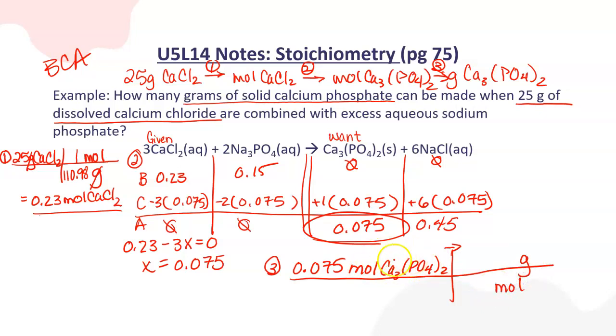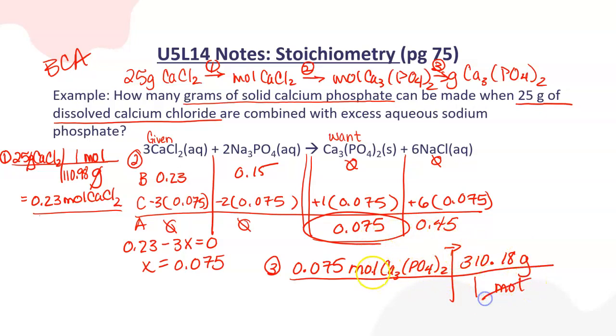And then we have to calculate the molar mass. So 3 times 40.08 plus 2 times 30.97 plus 8 times 16 is 310.18. And that's the mass for every 1 mole, molar mass. Okay, so it's from the periodic table for calcium phosphate.